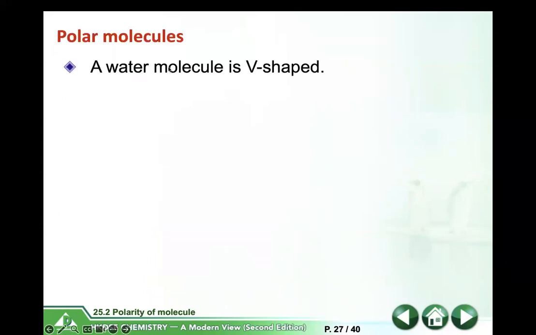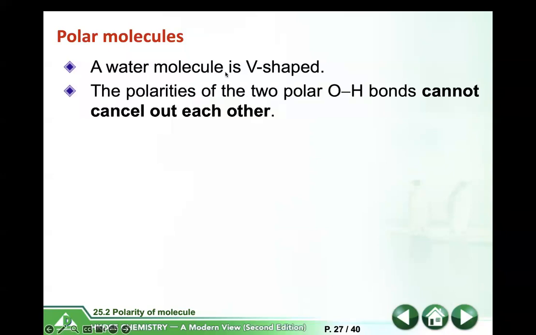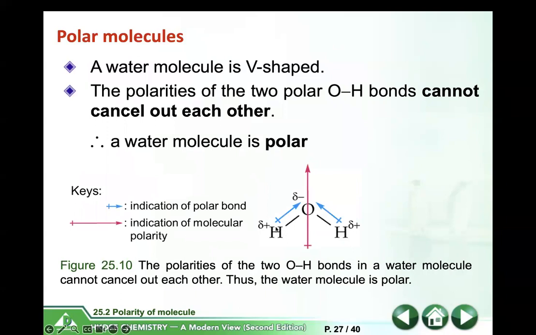So for example, water molecules are V-shaped. There are two polar bonds because O has a higher electronegativity value than hydrogen, and they cannot cancel each other. A water molecule is polar because they cannot cancel each other due to the shape of the molecule.